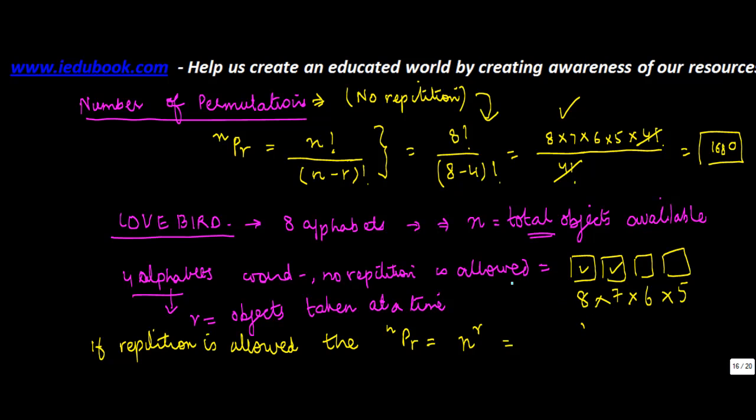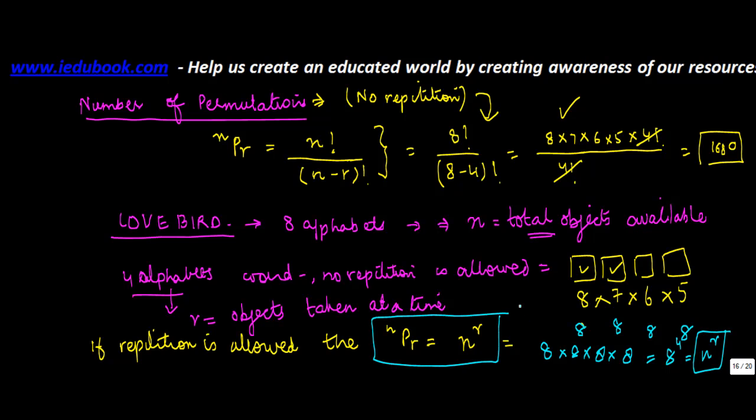It would have been through any of the 8 alphabets. Since repetition is allowed, this can also be any of the 8 alphabets. Again 8, again 8. Or 8 into 8 into 8 into 8. Or you write this as 8 to the power 4, which is effectively n to the power r, which is what we have summarized here.